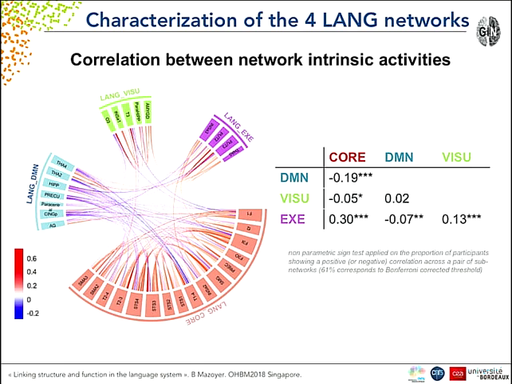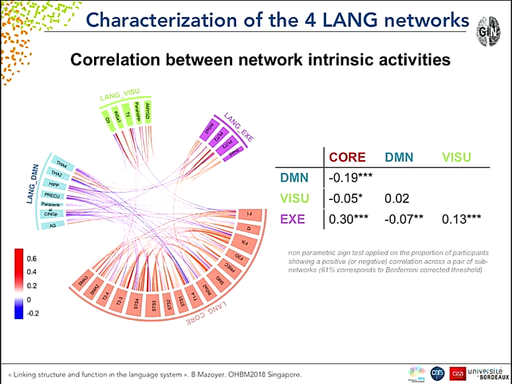What you see here is that the core network of language, let's say the semantic network, is very highly correlated with the executive network. To produce that semantic function you also need the executive network, but it's negatively correlated with the DMN part of it, and has a very small correlation with the visual network used for producing that function, which makes sense. It means basically that this semantic function is roughly independent of the modality you'll be using to produce it.